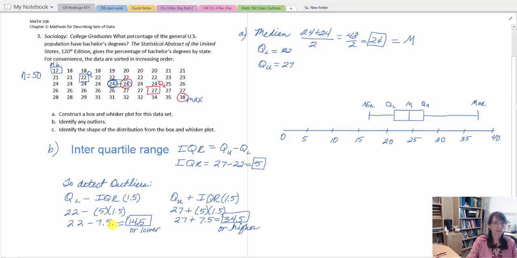We actually have two measurements that are equal to or larger than 34.5. So at 35, I'm going to put an asterisk indicating I have an outlier at 35, and then at 38, which was our maximum value, I also have another asterisk. And that's standard notation to indicate an outlier.